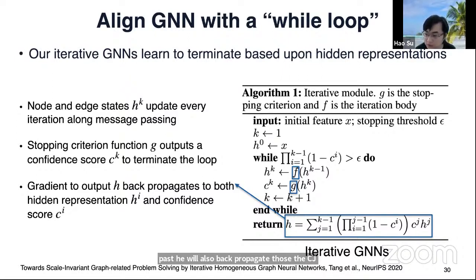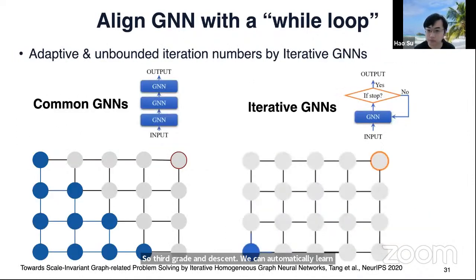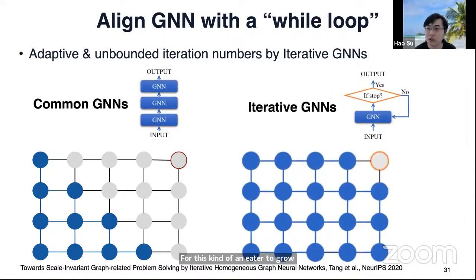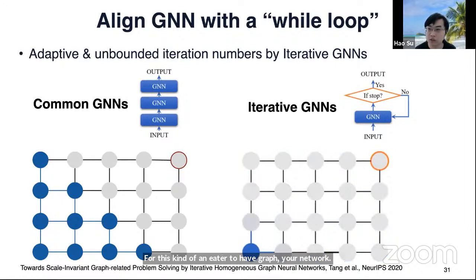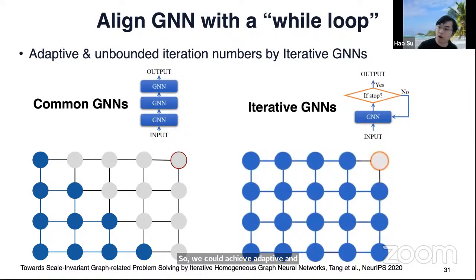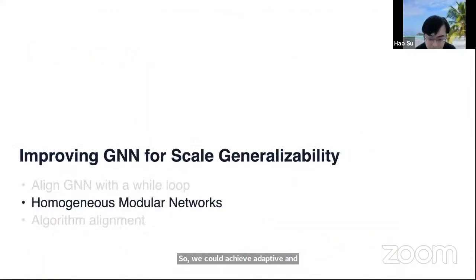So through gradient descent, we can automatically learn when to stop the iterations. This kind of iterative graph neural network allows us to align the GNN with a while loop, so we could achieve adaptive and unbounded iteration. This is the first trick.